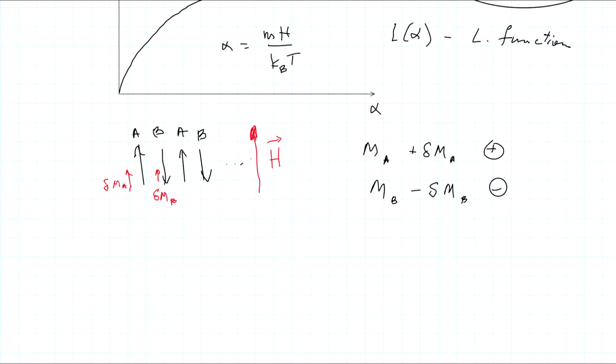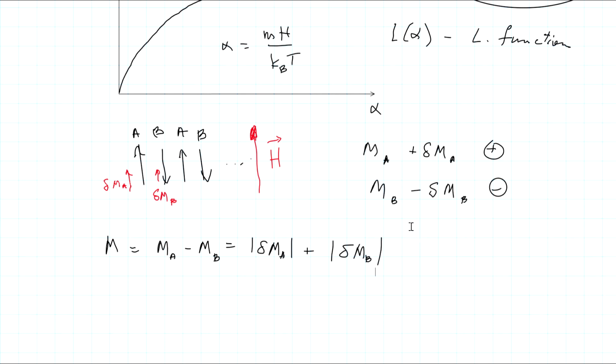Now what would happen if you look at the magnetization? That would be MA minus MB, taking the sign into account. That would be delta MA, absolute value of that, plus delta MB. So if you substitute these.